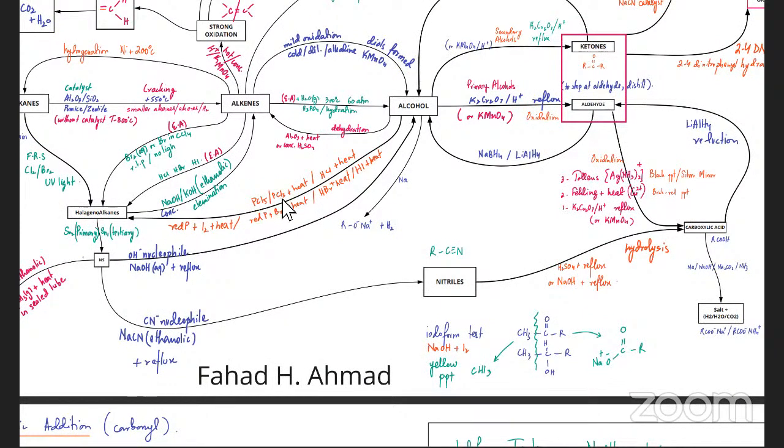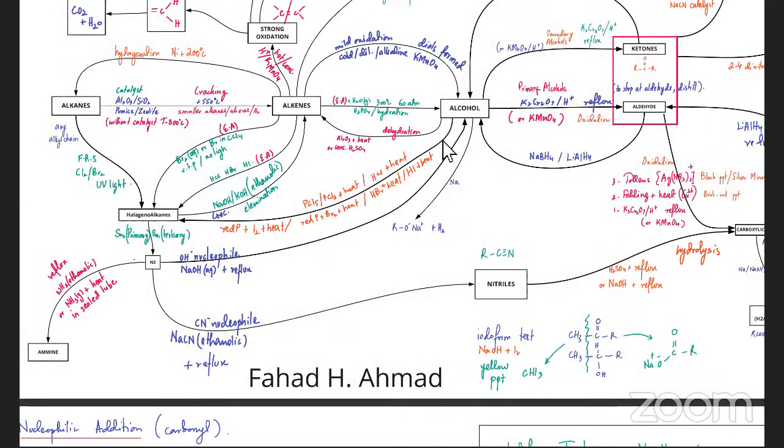Like I can react it with PCl3 plus heat and turn it into a halogenoalkane. And then I can do nucleophilic substitution. So the OH in the alcohol gets substituted by a halogen, and then I can do nucleophilic substitution with ammonia, and it will turn into an amine.